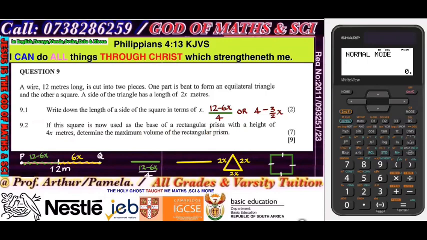I want to know what that height is. That is the height in the middle, 4x. Determine the maximum volume of the rectangular prism.